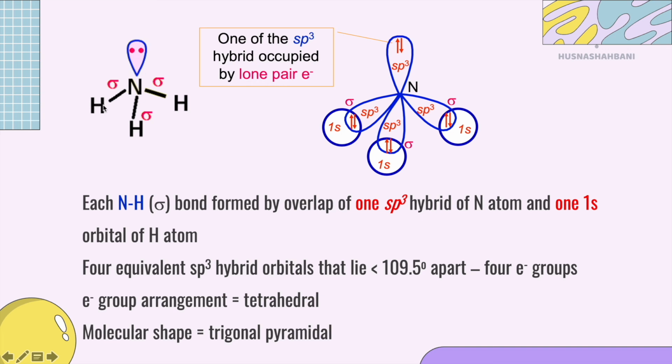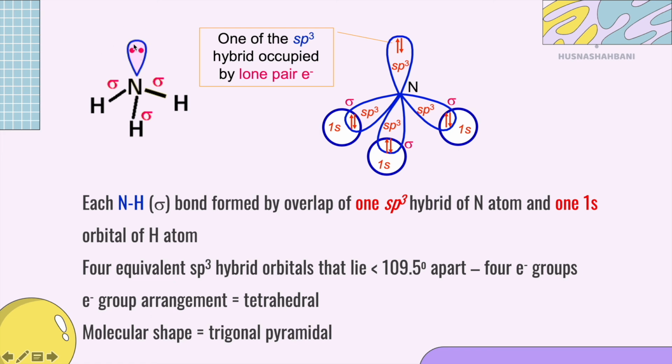And your surrounding atom, hydrogen, its unpaired electron involves 1 s orbital, so that's why you have to draw a spherical 1s orbital. And then your electron groups number 4: 1, 2, 3 for bonding electrons and 1 for the lone pair. So 3 plus 1, 4 electron groups. With 4 electron groups, the electron group arrangement is tetrahedral.